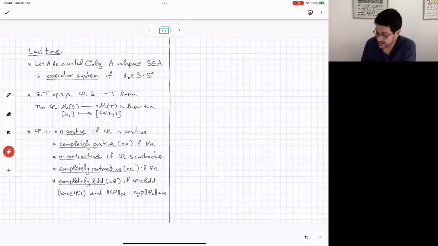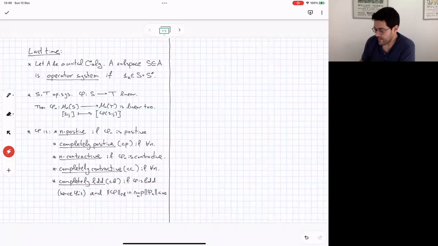Self-adjoint here means that S star is just all the X stars, X in S. So I take all the stars of the elements, and I need my subspace to be closed under the star operation.